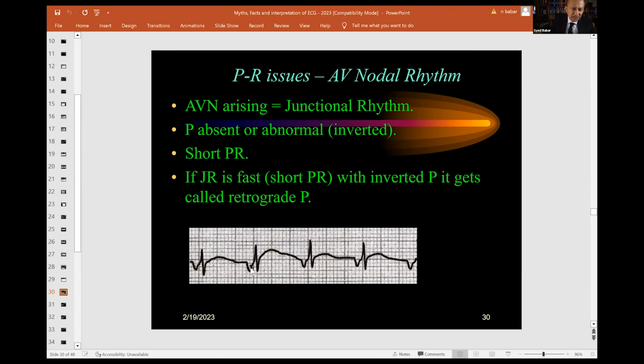So this is therefore an inverted P, or sometimes it could be absent, and followed by a slurred part of the QRS complex. And this is AV nodal rhythm.